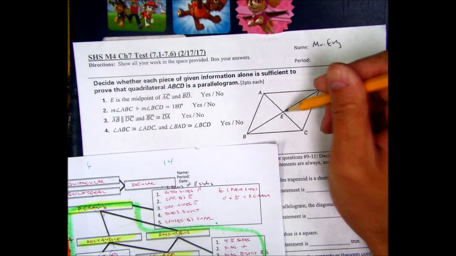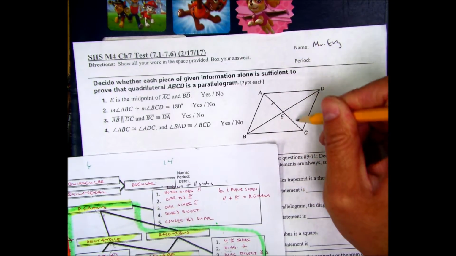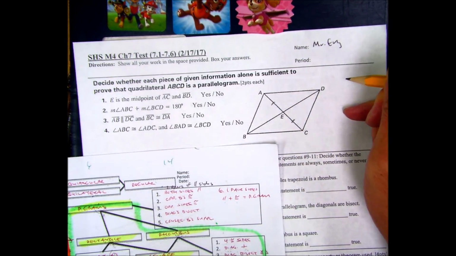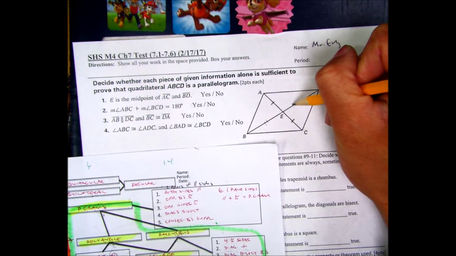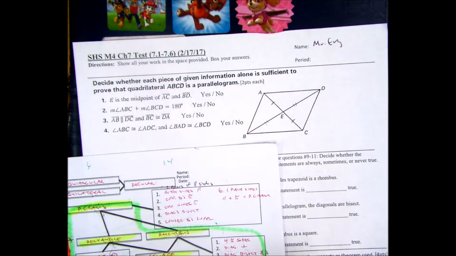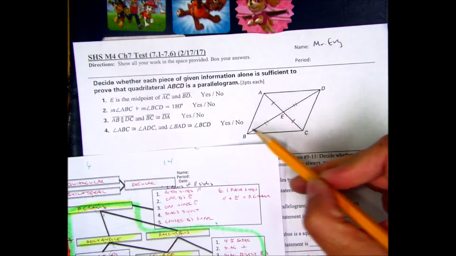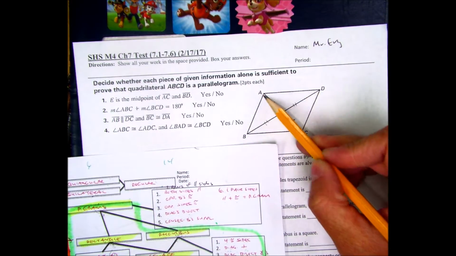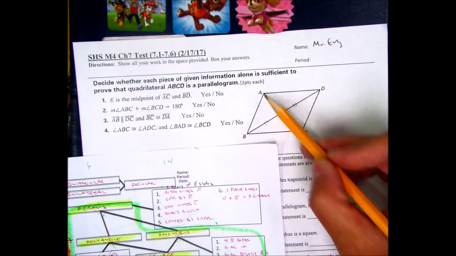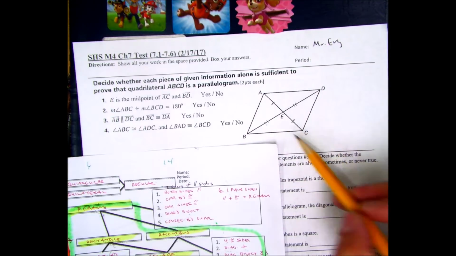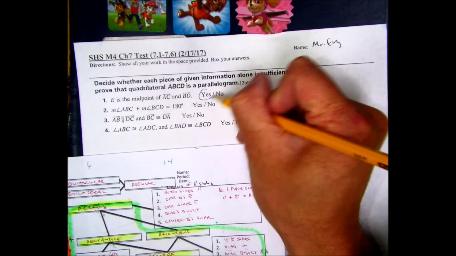E is the midpoint, it is the midpoint of each of those, and that is true because diagonals bisect. Okay, this diagonal cuts in half this diagonal with those two pieces, and this diagonal cuts in half BD with those two pieces. So the answer is yes for that one.